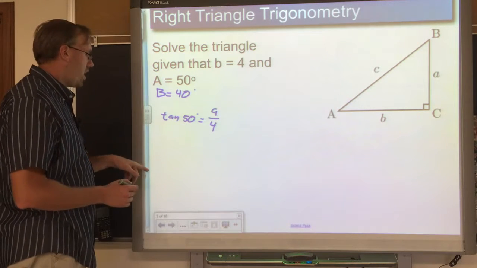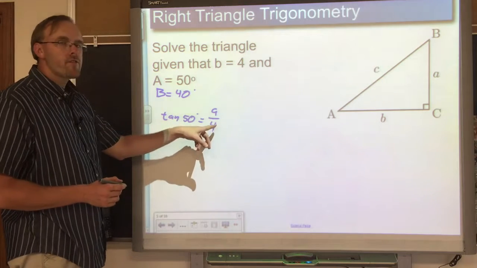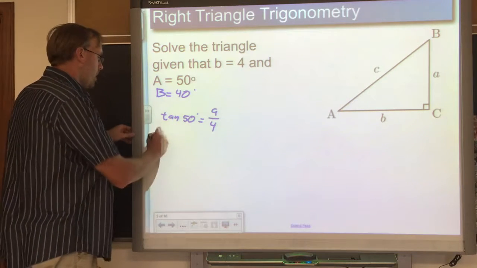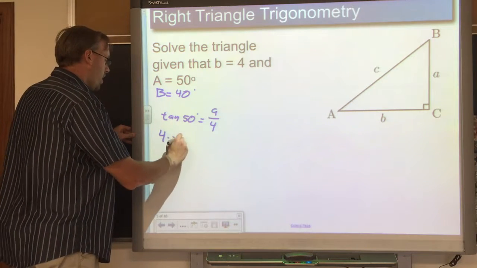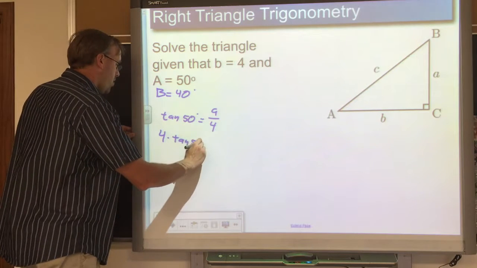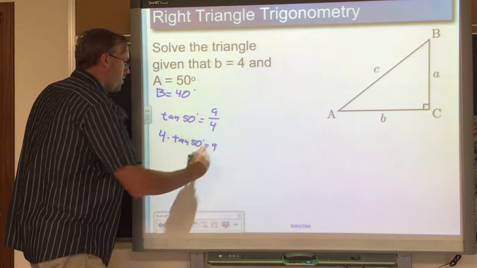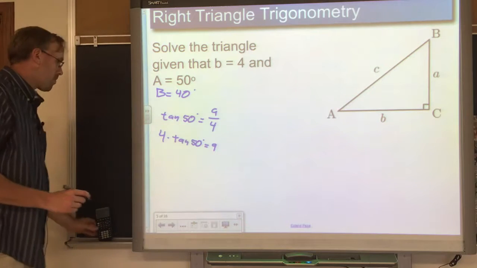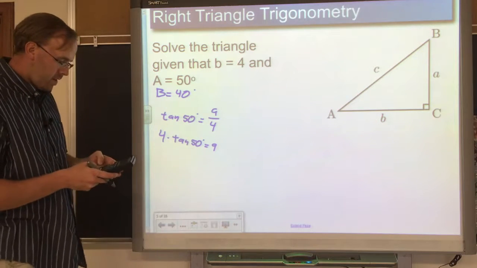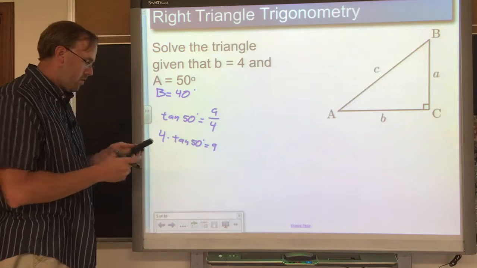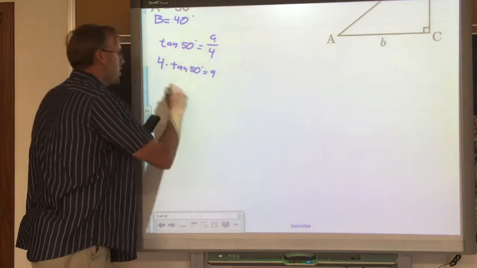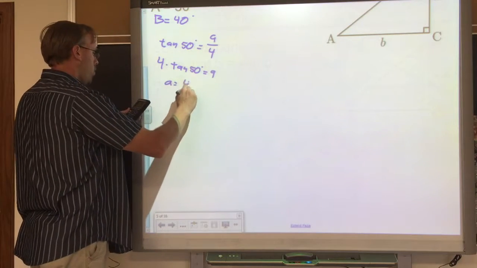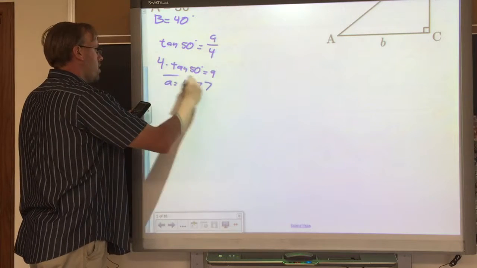So if I want to find side A, all I need to do is multiply this 4 out of the denominator. So 4 times tangent of 50 degrees equals A. So if I use my calculator, 4 tangent of 50, and we get A to equal 4.77.